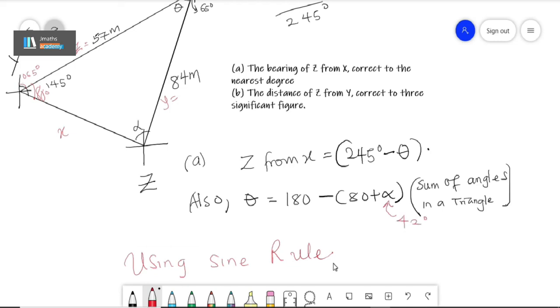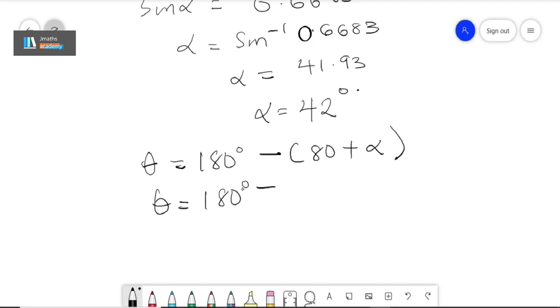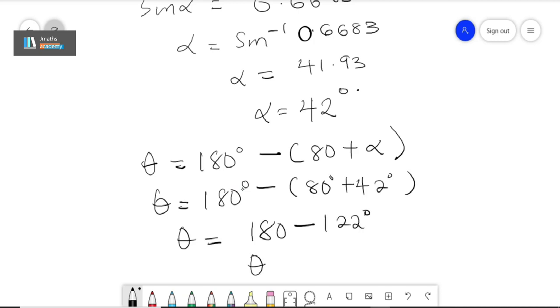Now we'll find theta. So our theta is 180 degrees minus 80 plus alpha. So our theta is equal to 180 degrees minus 80 plus 42 degrees. So our theta is equal to 180 minus 122 degrees. So our theta is equal to 58 degrees.